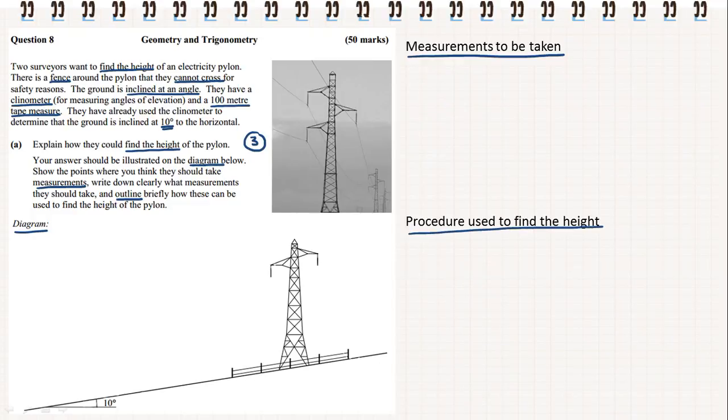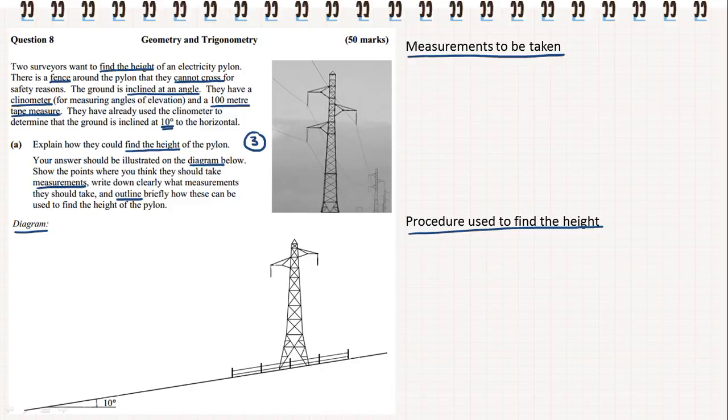Now, we saw in part B what they actually want us to do is to fill in information, so give certain measurements and use the measurements that we suggest to find the height of the pylon, or to show how we can find the height of the pylon. So what you might find for these types of questions is that it's actually more straightforward to do part B first and then go back to part A and explain the procedure that you used to find the height and the measurements that you took.